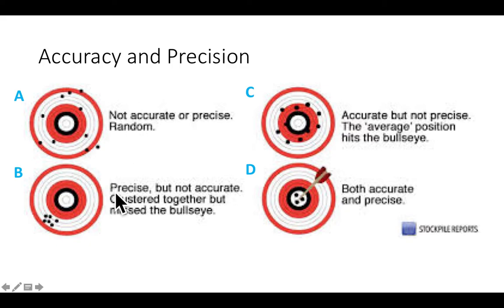For B, the results are not accurate because no arrows landed on the bullseye. However, it's very precise because all six marks landed in about the same spot. So B shows high precision and low accuracy.